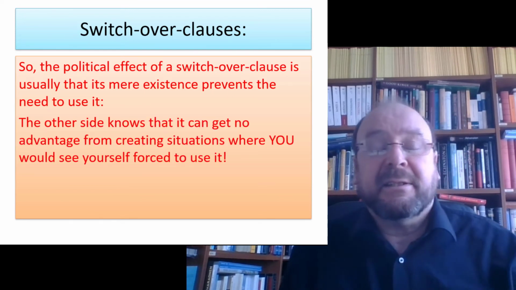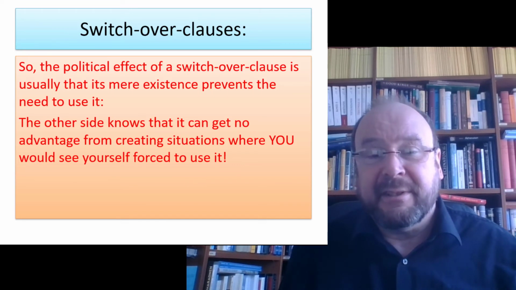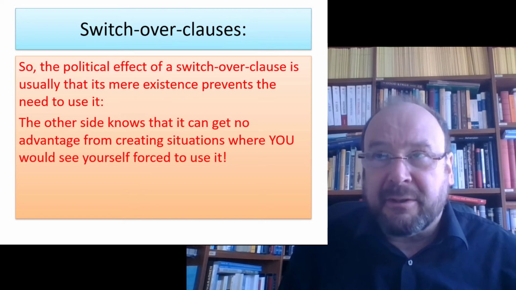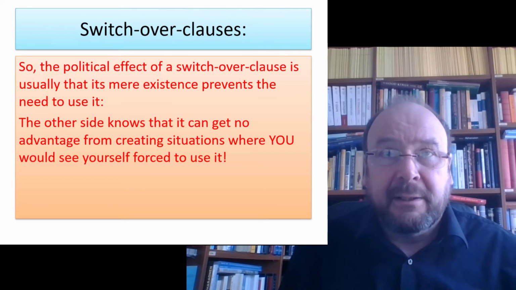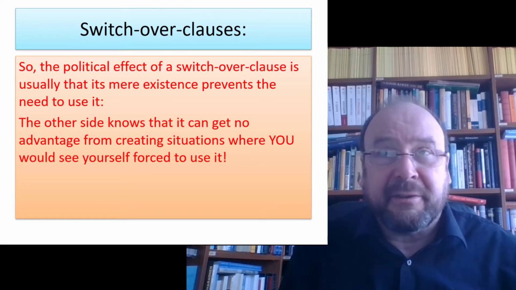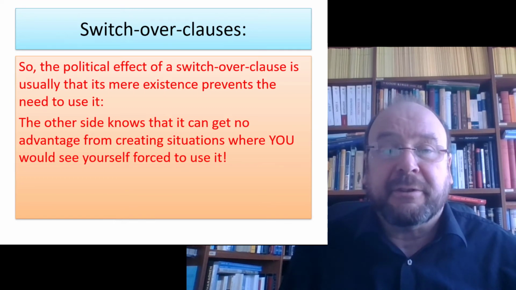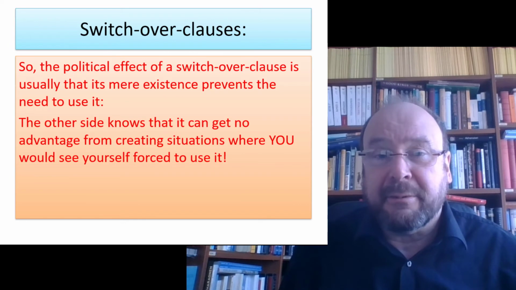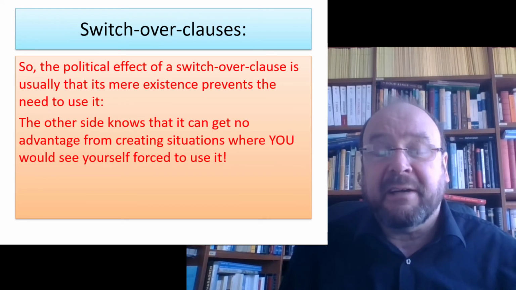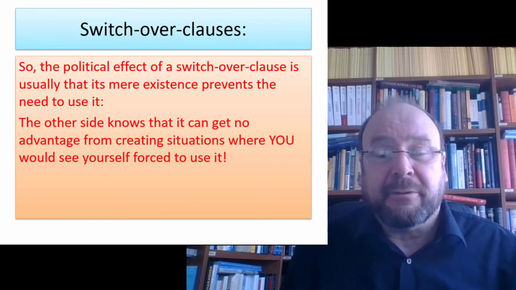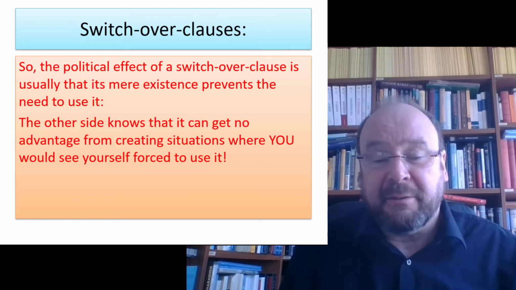Germany has, in modern double taxation treaties, nearly always a switchover clause, but I have not yet seen any notification published that Germany ever made use of a switchover clause in relation to another double taxation treaty state. So evidently that preventive effect of a switchover clause seems to work very well in practice.